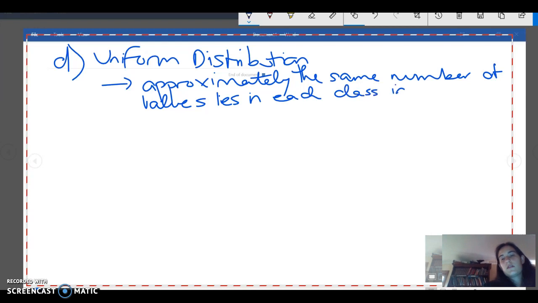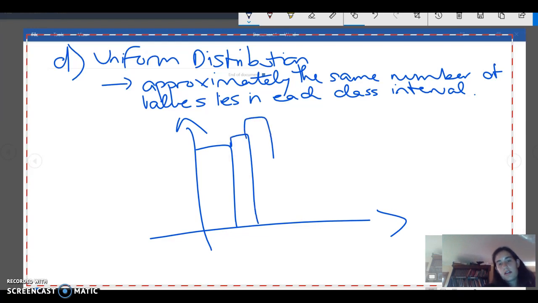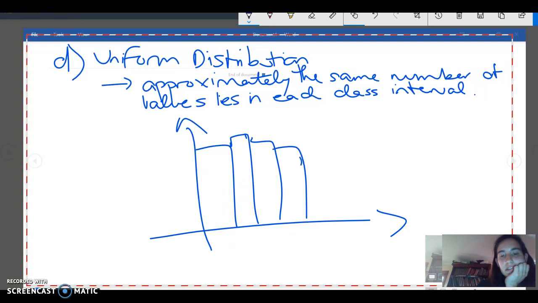Okay? Look at that. So it would be something like that. Like this. Right, it's not there. Does that look like the same number of values in there? There are approximately the same number of values in every single one of these. Okay?